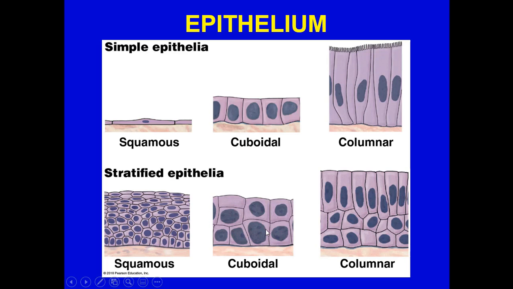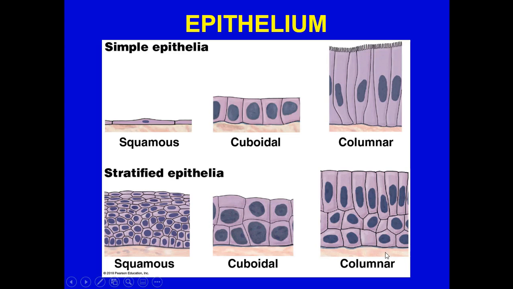Cuboidal, you don't see many layers, but you do see some. Again, you're going to have a centrally located nucleus, and you may see this as being somewhat central and more or less spherical. Columnar.